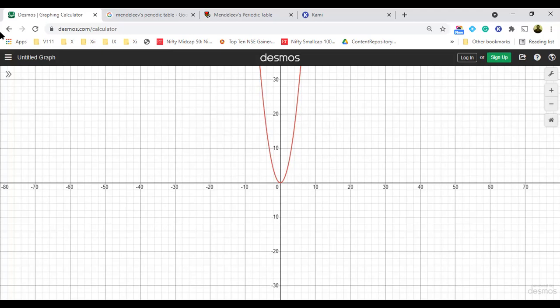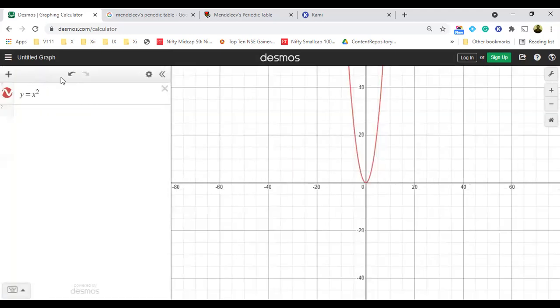Yes, sir. Okay, so now you can play around. You say, what about y is equal to x cube? Is y is equal to x cube a function? Yes, sir. Is it an invertible function? Yes, sir.